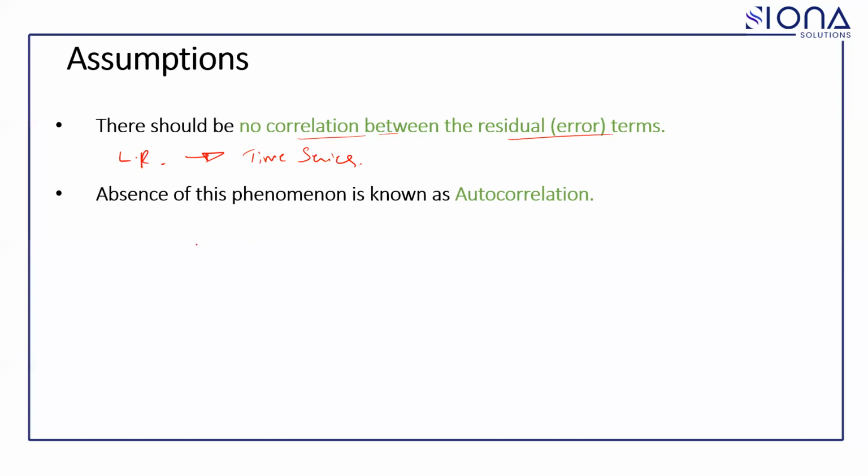Basically, what it says is the target variable should not be correlated with each other. So for now, we will skip this assumption because you will understand it only when you reach time series and not before that.